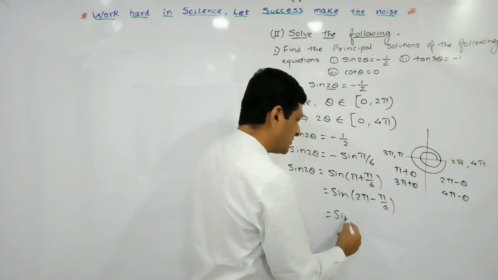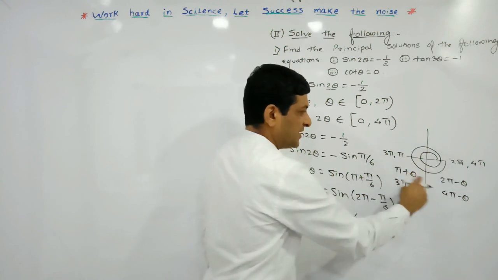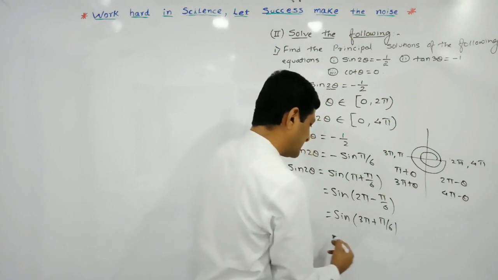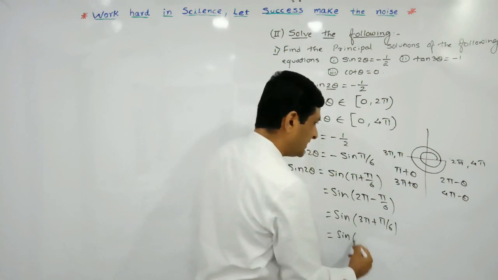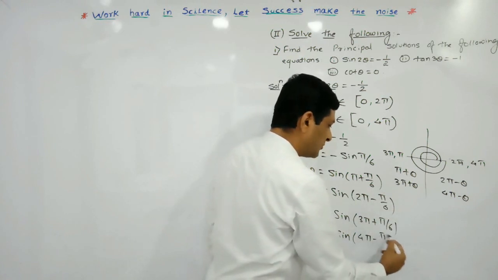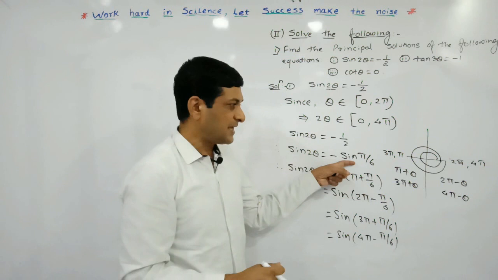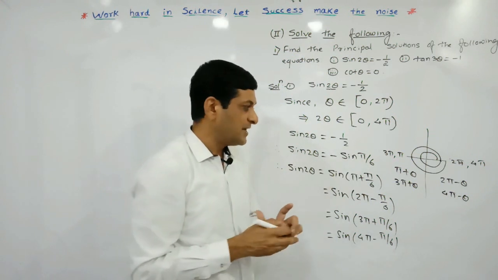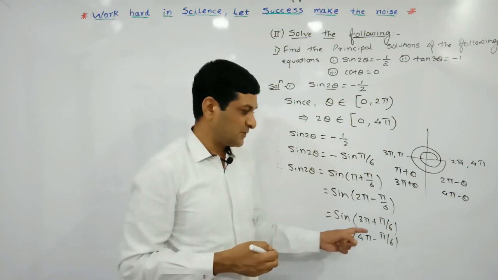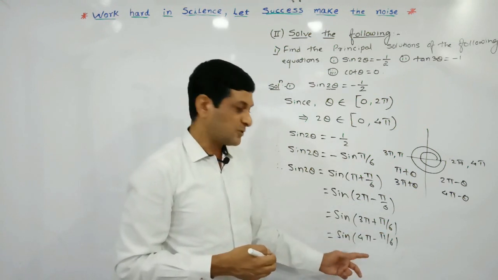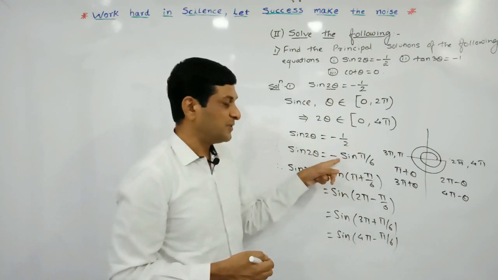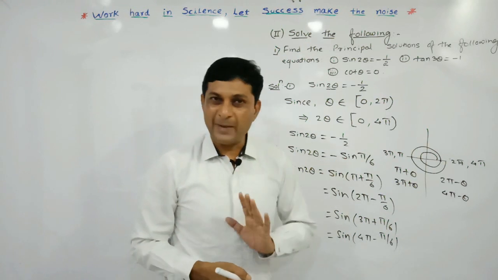It is also equal to sin 3 pi plus theta, with theta equal to pi by 6, and also sin 4 pi minus theta, with theta equal to pi by 6. So minus sin pi by 6 is the value of sin pi plus pi by 6, sin 2 pi minus pi by 6, sin 3 pi plus pi by 6, and sin 4 pi minus pi by 6. The value of all these 4 terms will be minus sin pi by 6.